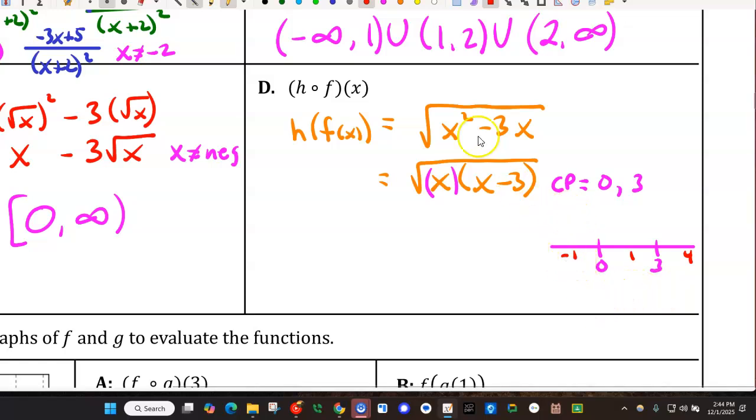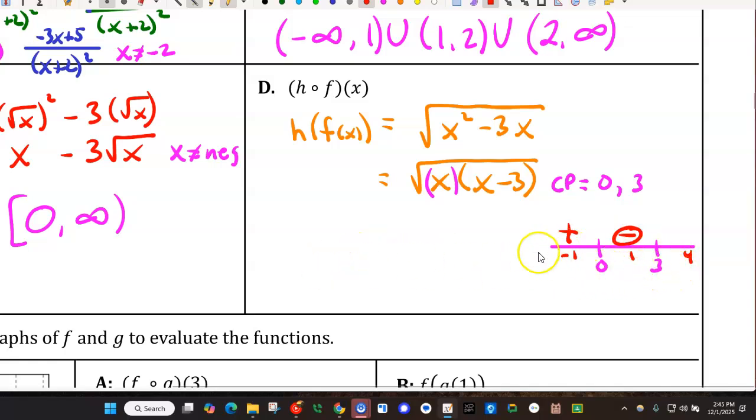If I plug in -1, and you can use either one of these, I'll use the top one. -1 squared is 1, minus 3 times -1, which will be plus 3. So that gives me a positive number. If I plug in +1, 1 minus 3 is -2, that gives me negative. So that means I don't want to include 0 to 3 in the domain.